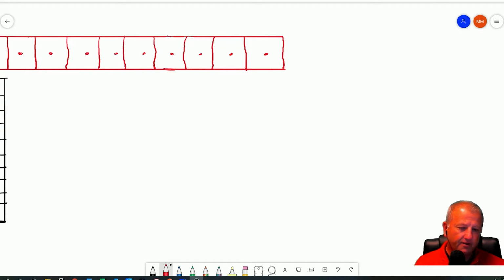Now, it's probably not everybody's most favorite topic, and to some it might not be interesting, but I think it's very interesting. I love how the body responds to an invading pathogen.